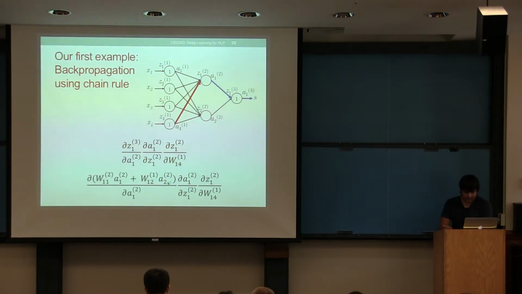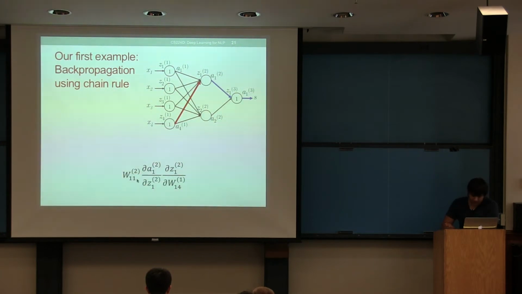And you'll see that there's only a single unit over here, A2, which is dependent on the partial that we're trying to take it with respect to. And so you're basically left with W11 superscript 2, and then you're left with 2 remaining elements that we still need to figure out. dA1 with respect to dz1.